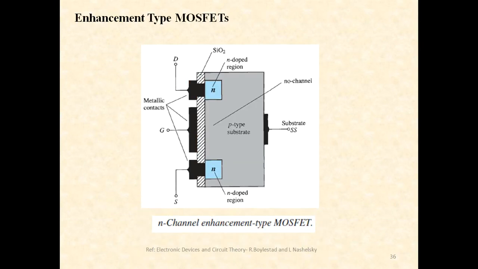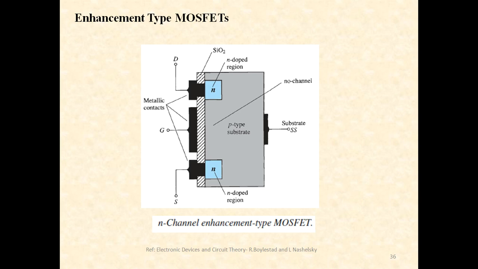All right, so today we shall be discussing the second type of MOSFET, which is the enhancement type MOSFET. In the previous type of MOSFET, the charges used to get depleted as the magnitude of the gate voltage was increased.